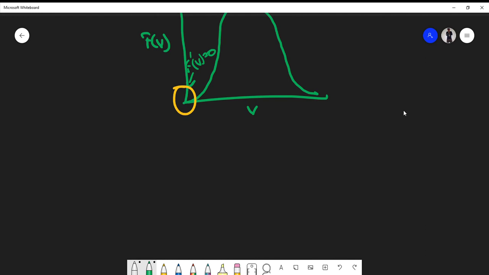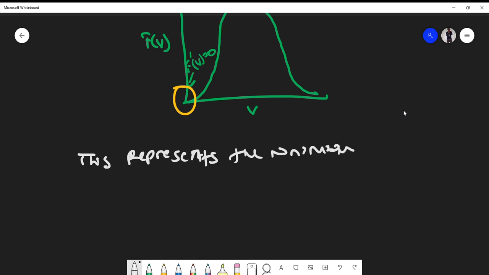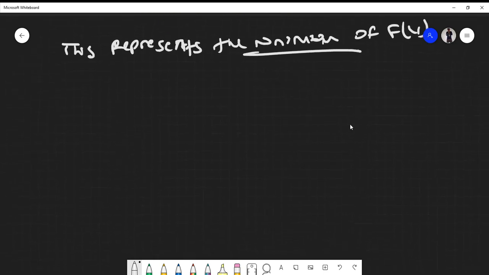So this is what we call a minimum representation of f of v. If we go back to my whiteboard, that circle right there represents the minimum of f of v.